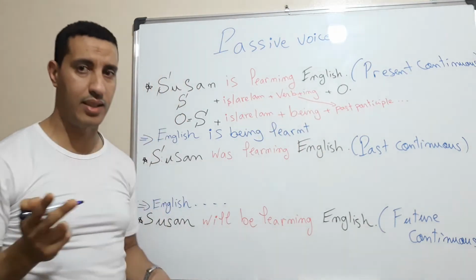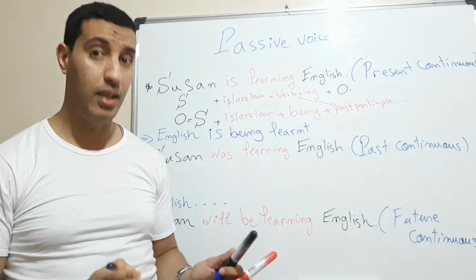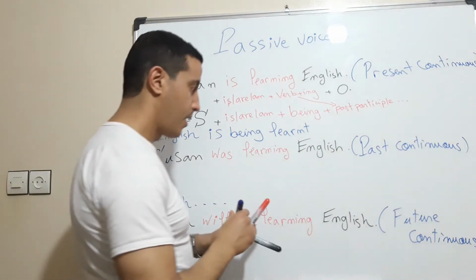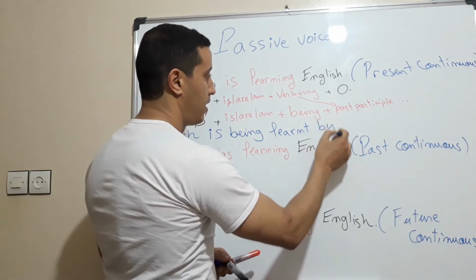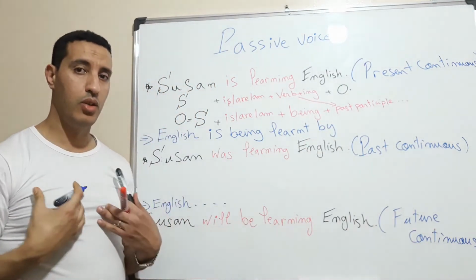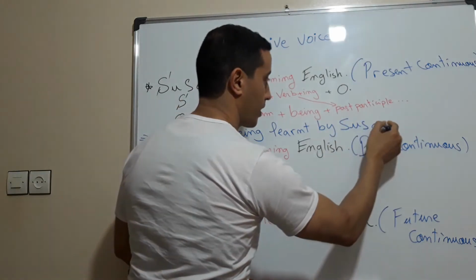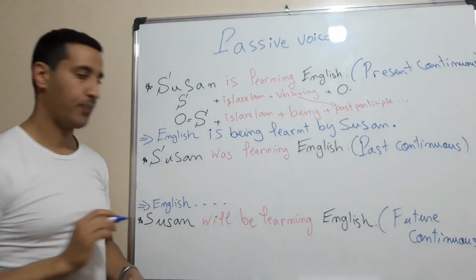It has two possibilities. It can be learned with ed or t, okay? So English is being learned by who? By me? No, it's by the person, by Susan. Now the sentence is clear.